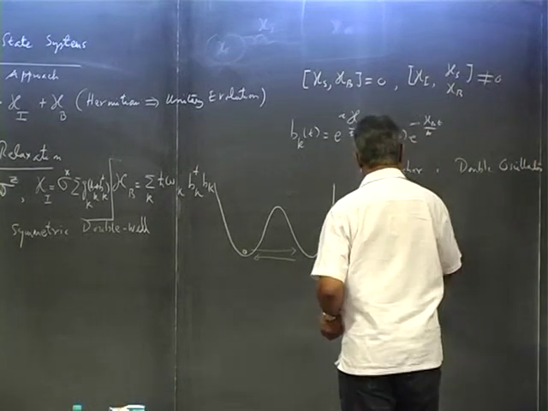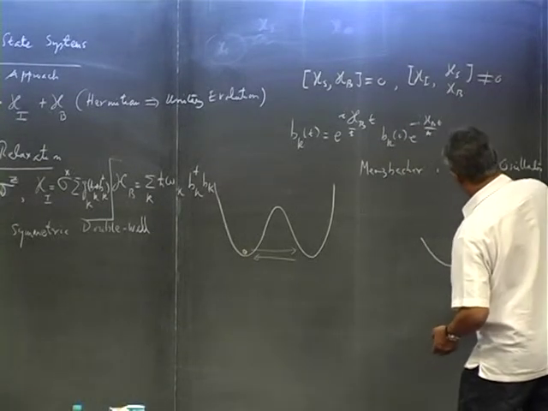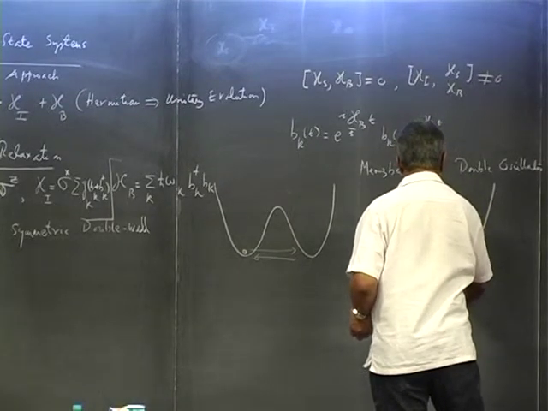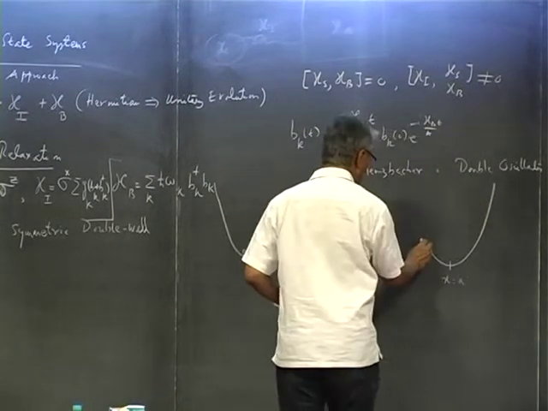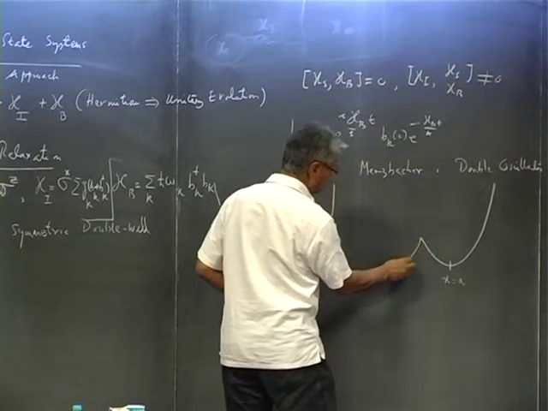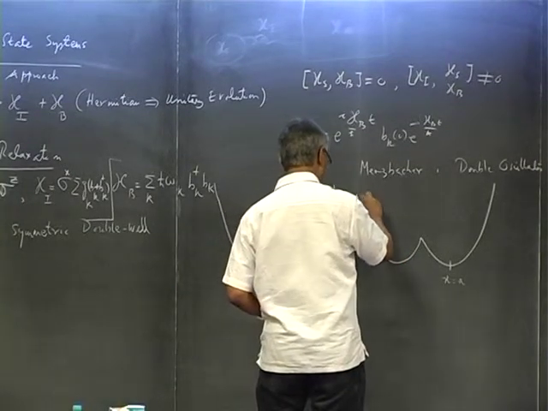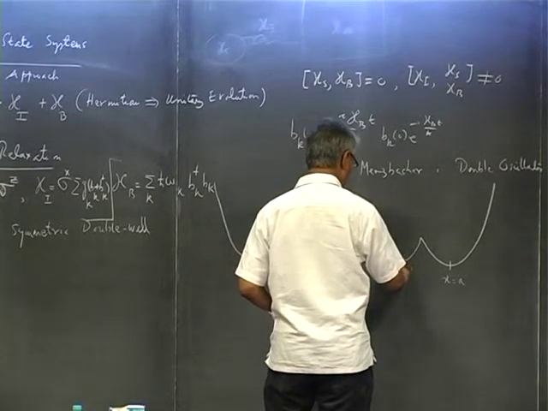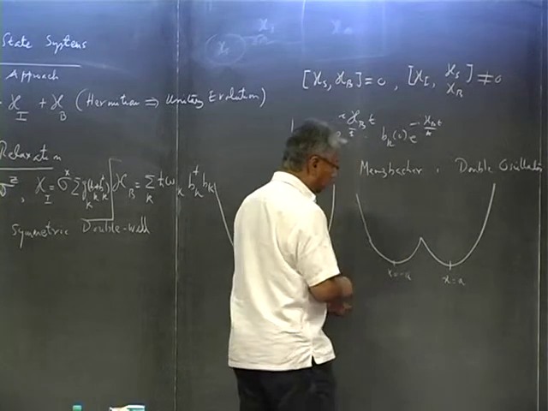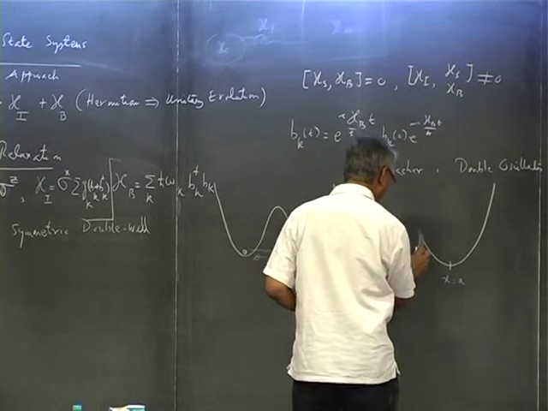A double oscillator is a harmonic oscillator like here, whose origin is not at x equal to 0, but let's say at x equal to plus a, and you put that in juxtaposition to another oscillator at x equal to minus a. And Messiah solves this problem in the WKB approximation.